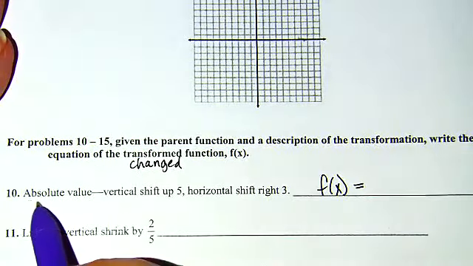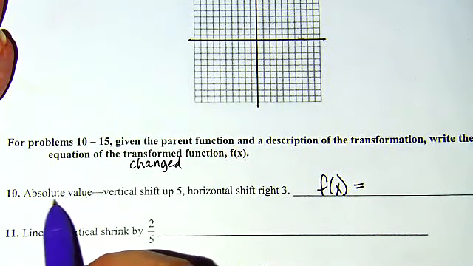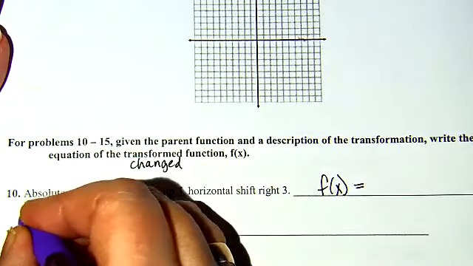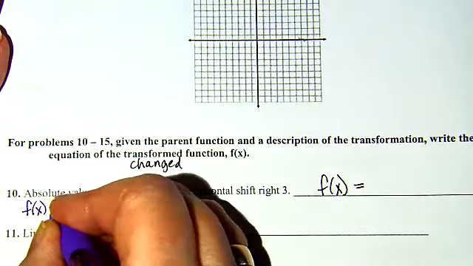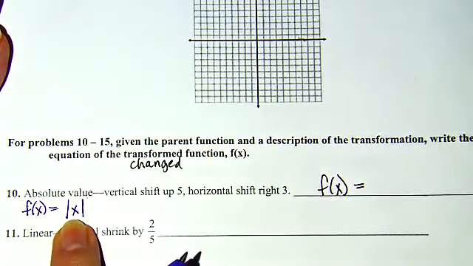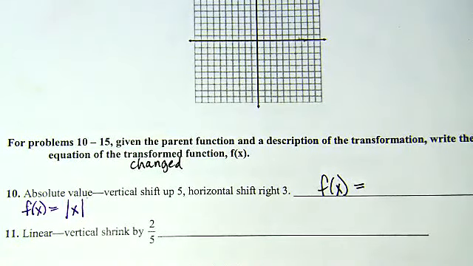The first thing I want to think is, where does it start? So for the absolute value, where does the equation start? Well, it starts with f of x equals, and then we have the x in the bars. Now here's where, if you forget, you're going to go back to your notes, if you don't have it memorized.